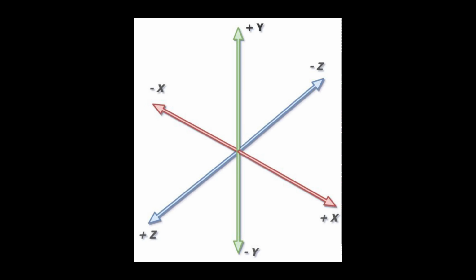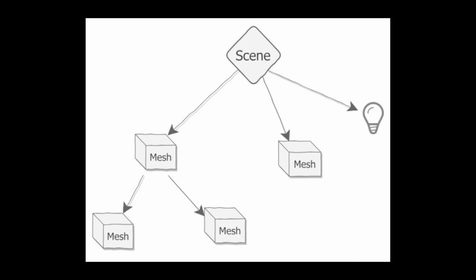Additionally, when we add objects to the scene, they are placed into the scene graph, which is a tree-like structure with a scene at the top, as you can see in this picture. This hierarchical structure allows us to organize and manipulate objects in a logical and efficient manner. You see the scene at the top and then the mesh inside this scene in a tree-like structure.